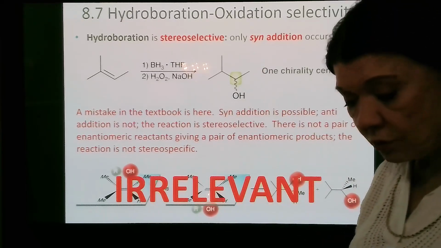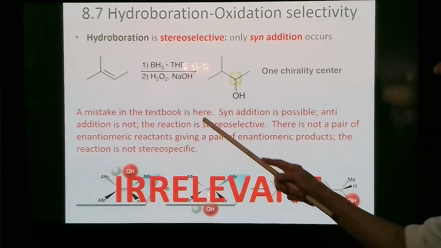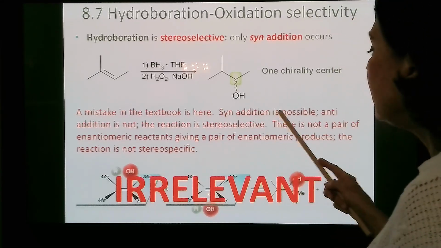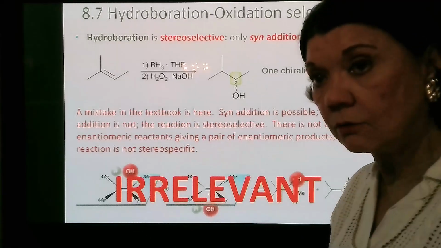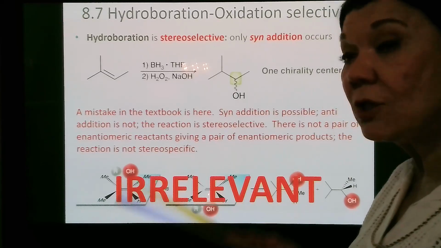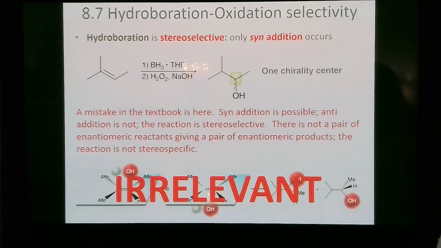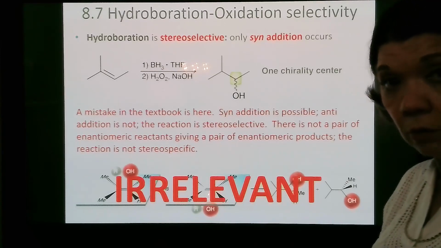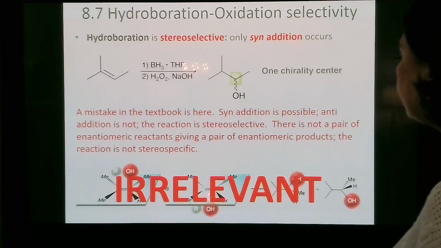You'll see what's important later, and I will point it out to you. So a mistake in the textbook is here. Syn addition is possible. Anti-addition is not. Okay, because of that four-centered transition state. That's the key to everything, the four-centered transition state. And that's very unusual to have a four-centered transition state like that.